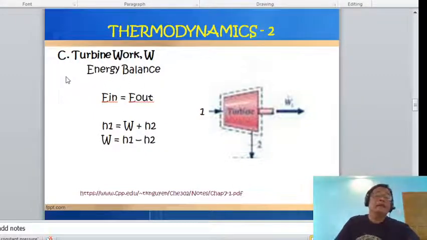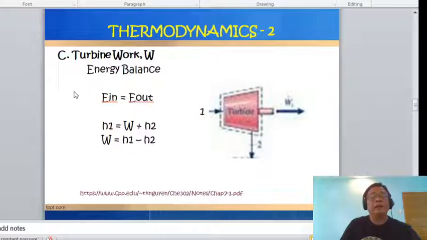Okay? So, again, class, energy in is equal to energy out. What is entering is the enthalpy at 1. So, where will you find, class, the enthalpy at 1? Of course, the enthalpy at 1 is obtained from the tables.